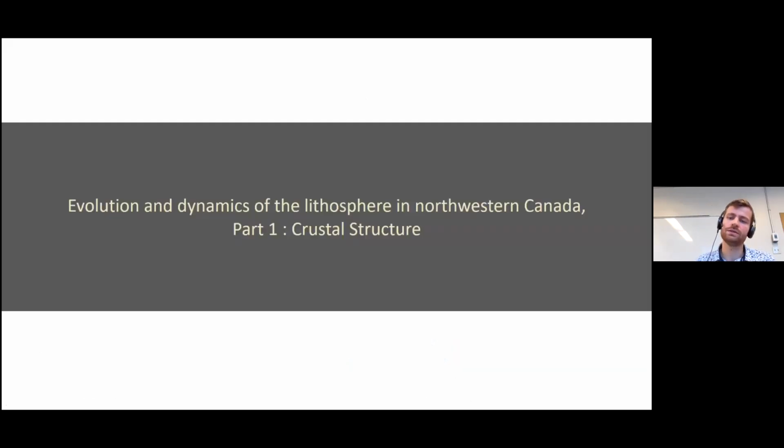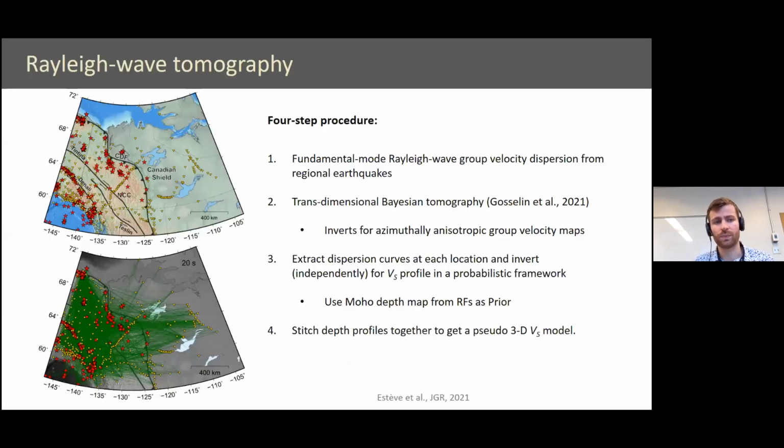And so I decided to split this presentation in 2 parts. I'll focus first on the crustal structure using the surface wave tomography model, and then onto the upper mantle seismic structure after. Here are a few bullet points about the method that we used.